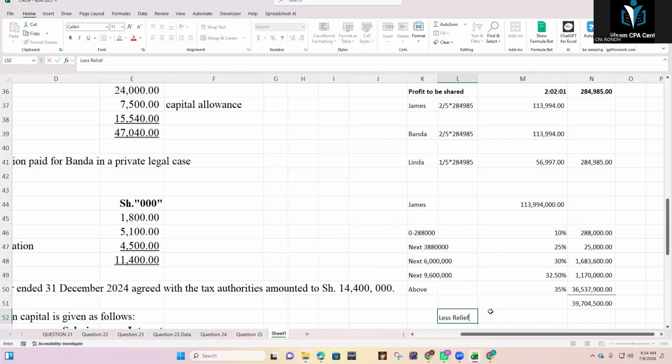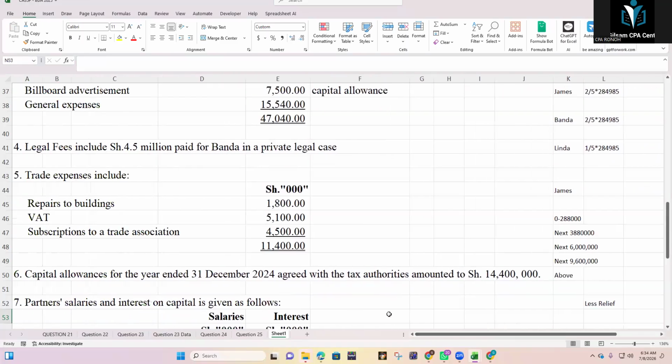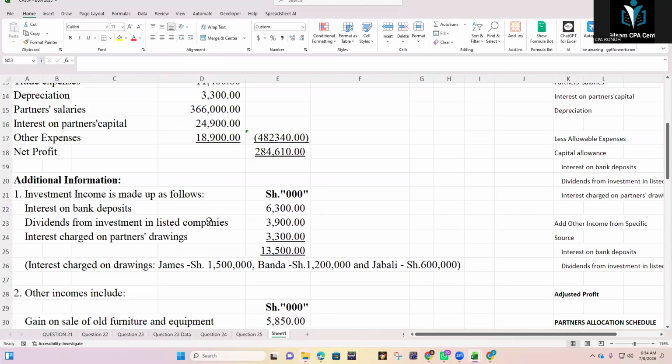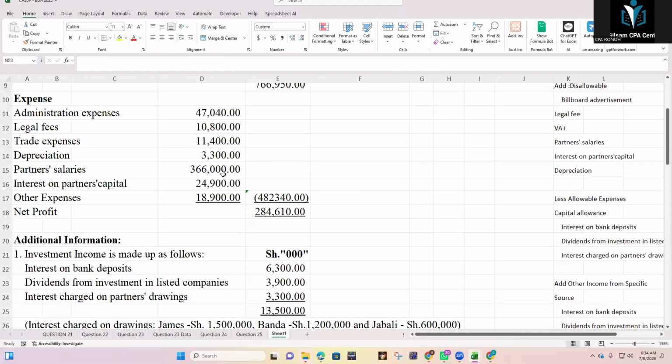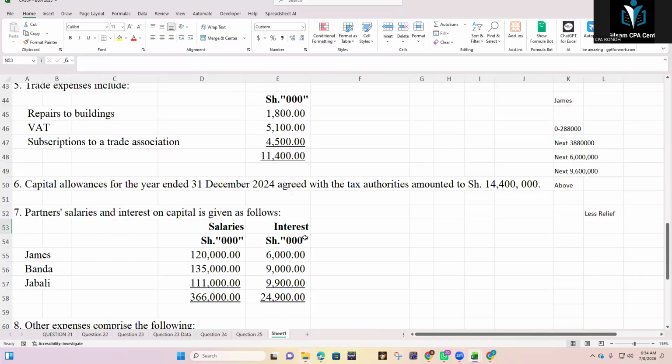We have personal relief of 2,400 per month, but in a year it is 28,800. We have not been given any relief. Withholding, it was gross amount. We have not been given the withholding, so there is no other relief apart from that.